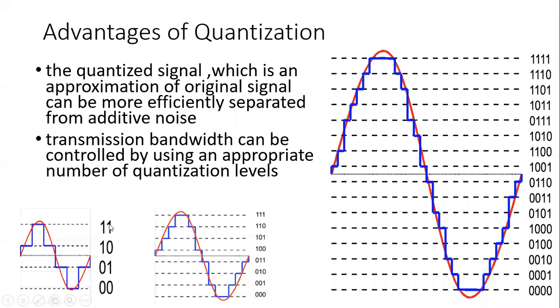Now for the same 0 to 5 volts, when you have increased the quantization level, or added more voltages, that means you have subdivided it more. Between 0 and 2.5, we have made it 0.5, then 1, then 1.5, then 2, and then 2.5.